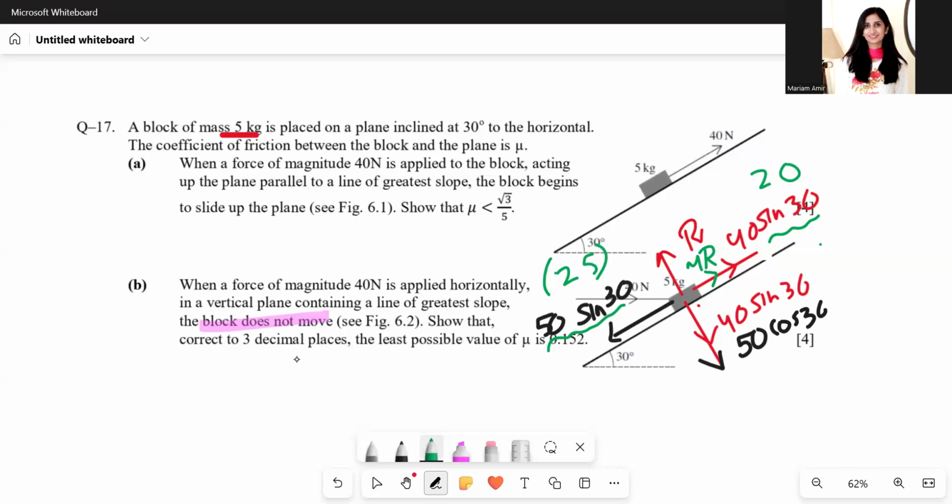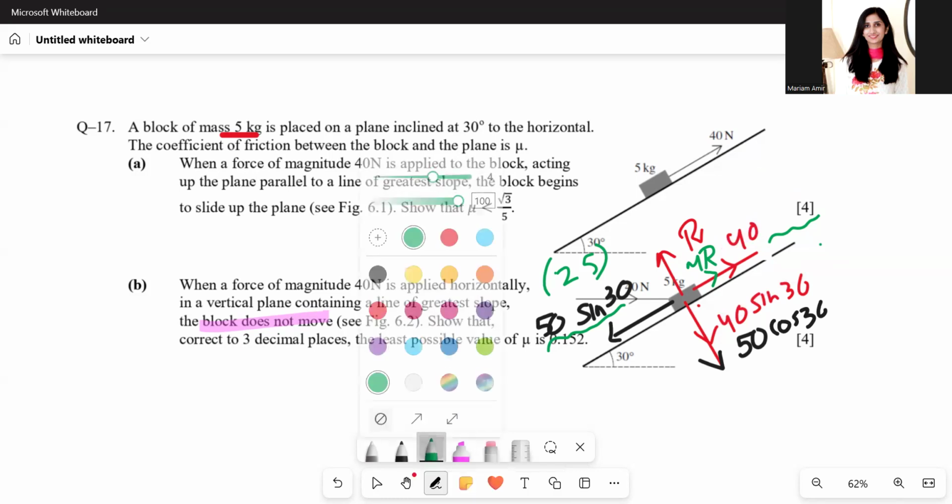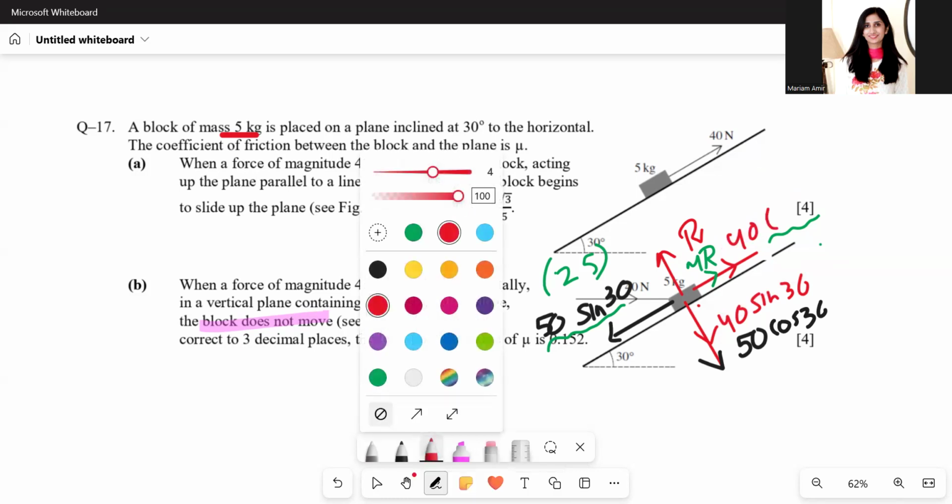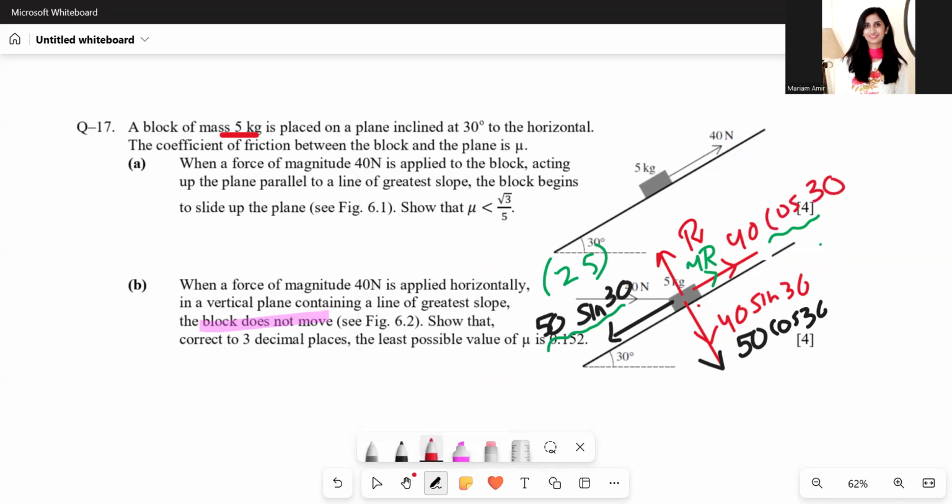I just noticed a big blunder. This was the cos component of the force. So this was cos. Both of them can't be the sine component. Look, these can't be both sine. So I blundered. This was supposed to be cos 30. Let's just redo this. This is cos 30. Okay.